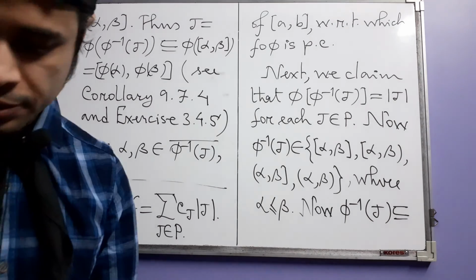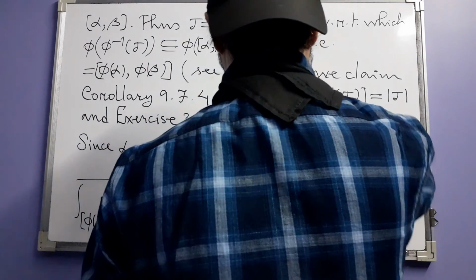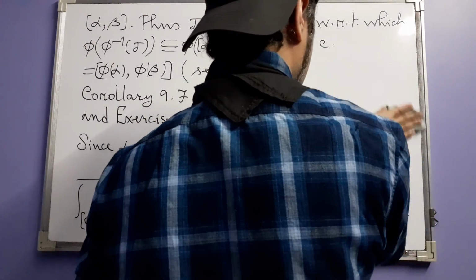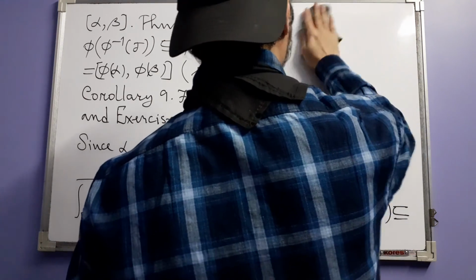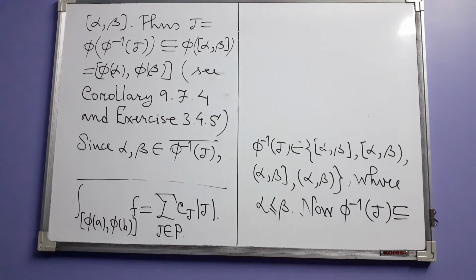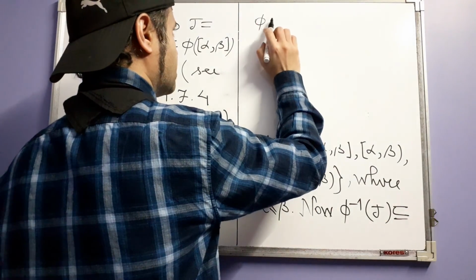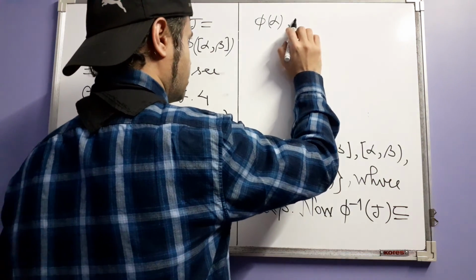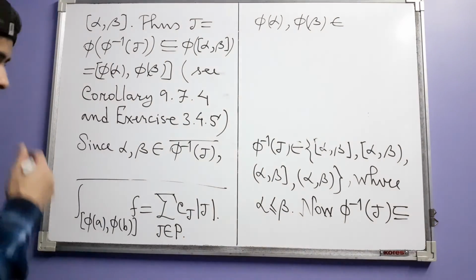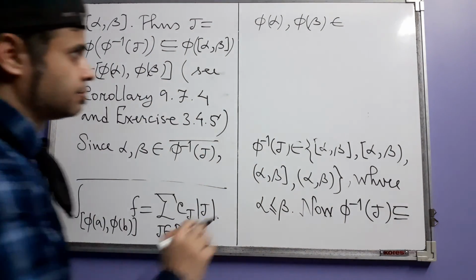And because of this, phi of alpha and phi of beta both belong to the phi image of this closure.